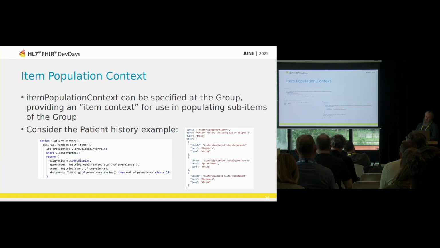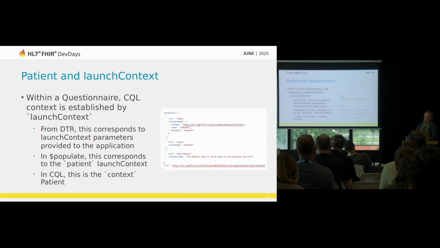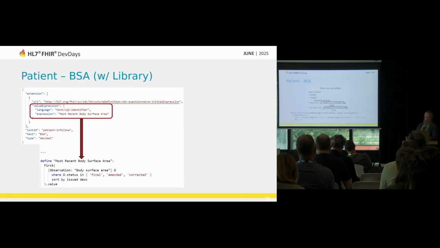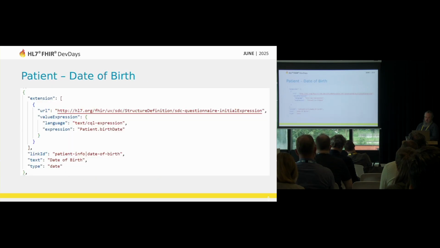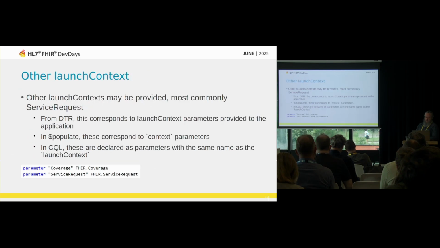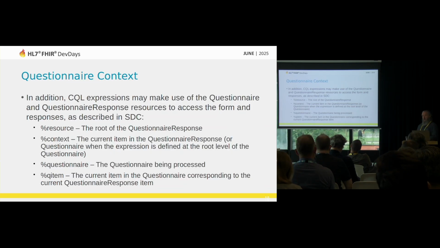So all of these, let's see, where is that slide? But all those variables here get passed in to every evaluation call that CQL is doing. So they're always available, and it's iterative, so it changes every time.